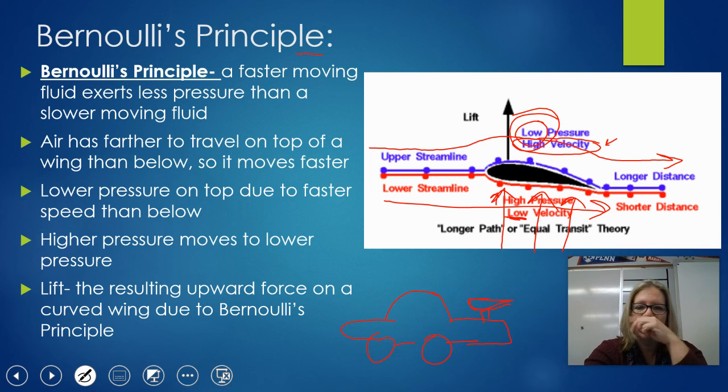Okay, and so the air underneath will be going faster. The air above will be going slower. Slower means higher pressure. So now all of a sudden we've got the high pressure pushing down. And what that spoiler does is it helps keep these back wheels with good traction and better friction on the track. So that's how the spoiler of a car works, okay? All because of Bernoulli's principle. Boom, done. See ya.